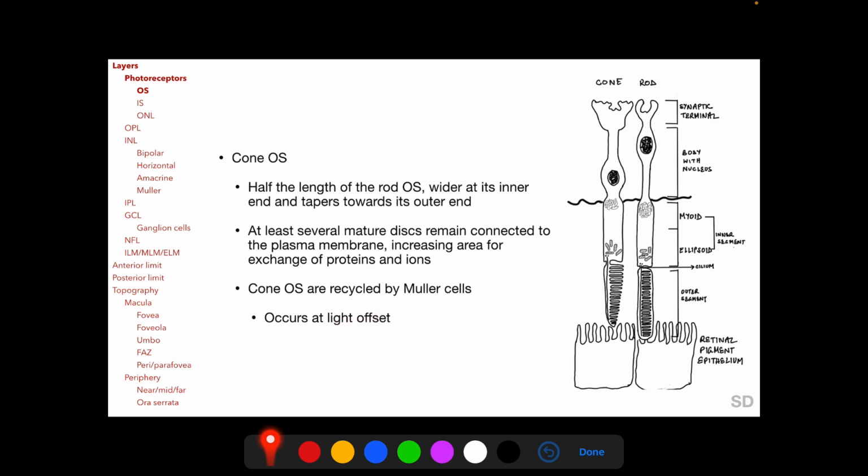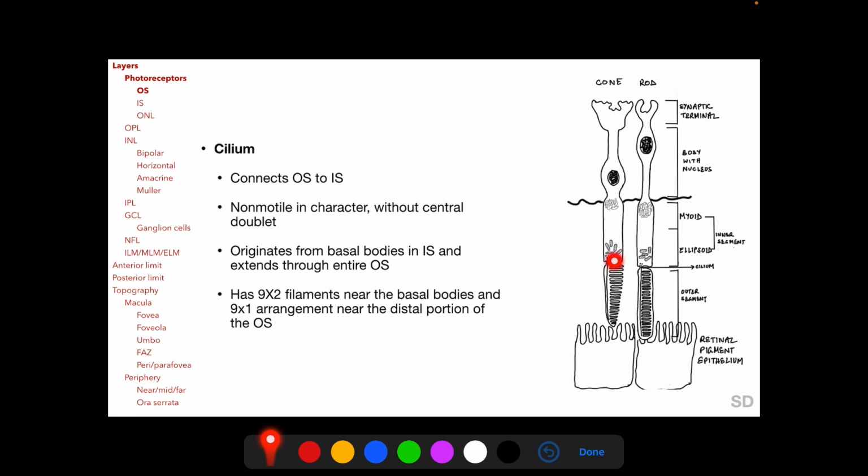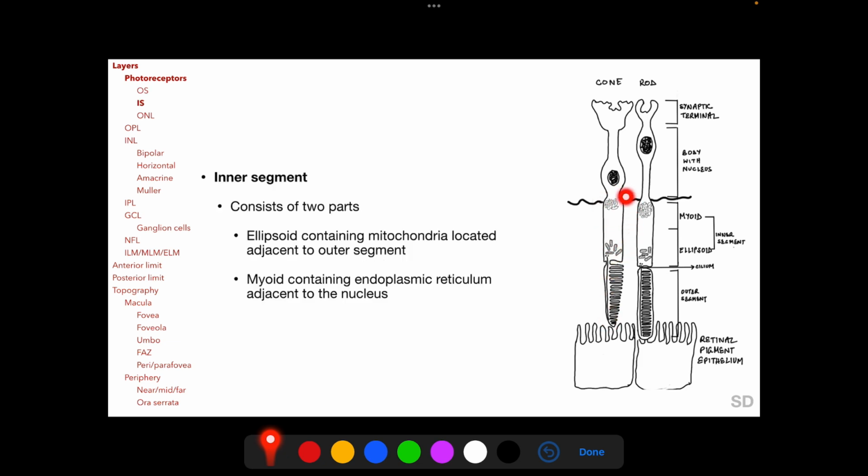The cilium connects the outer segment to the inner segment and is non-motile in character, without a central doublet of fibers. They originate from basal bodies in the inner segment and extend through the entire outer segment. The inner segment of photoreceptors consists of two parts: the ellipsoid containing mitochondria located adjacent to the outer segment, and the myoid containing endoplasmic reticulum adjacent to the body containing the nucleus.